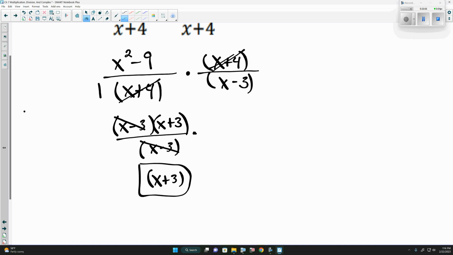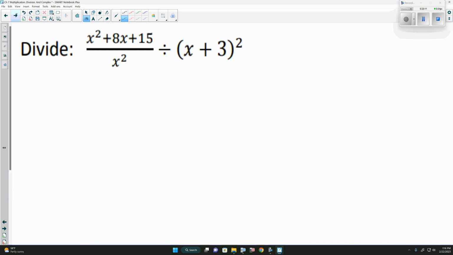Questions on this here? We ready for the next one? So with the x plus 3 squared, the denominator is understood to be 1.